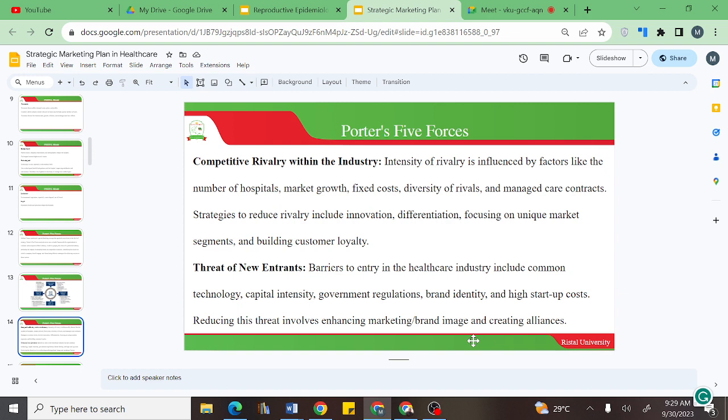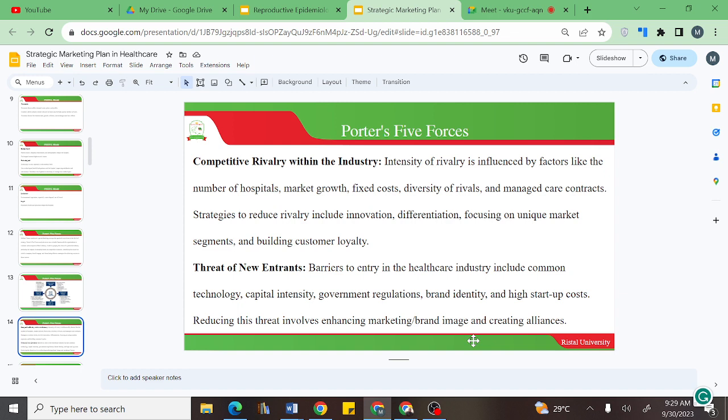One is the common technology. What technologies are people actually using? The technologies that people are using can determine whether it is very easy to enter into an industry or not. And then you look at capital intensity.